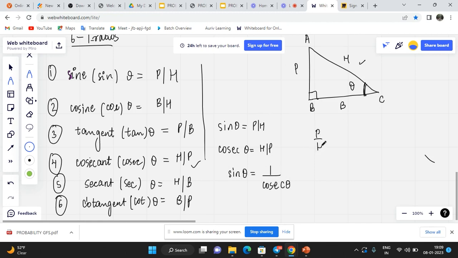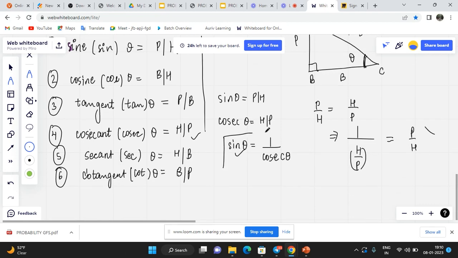Sine theta is perpendicular upon hypotenuse and cosec theta is hypotenuse upon perpendicular. So I can write it as 1 upon hypotenuse upon perpendicular, which will be equal to perpendicular upon hypotenuse, which is sine theta. So sine theta is equal to 1 by cosec theta.